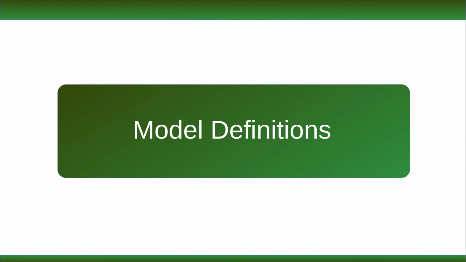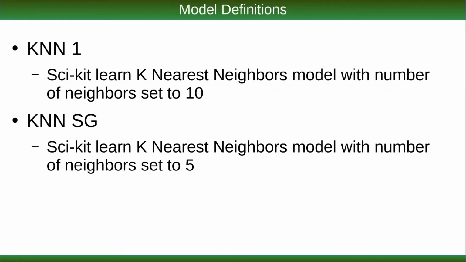Now the model definitions. We have two k-nearest neighbors models. The first one was used on the initial data set, and the neighbors was set to 10. The second one then was used on the super genre data set, and the nearest neighbors were set to 5. This is very simple models, but they allow for multi-label classification, and that was why I chose them.